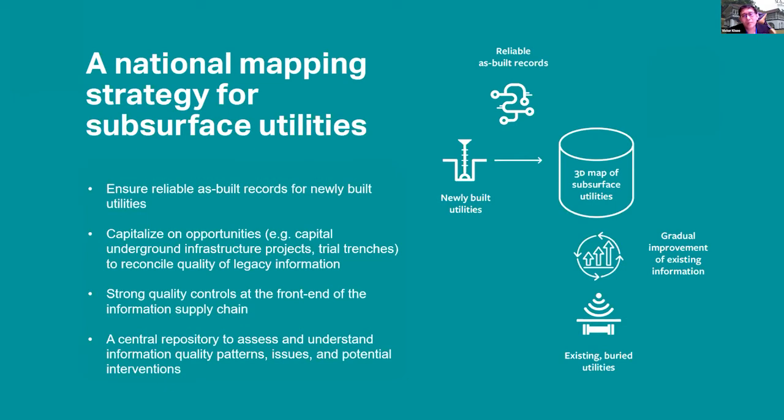And we need to look at technologies, the scanning technologies that would help us to improve the quality of existing data. And there is a strong part of the national mapping strategy, which is to look at quality control. And we try to have this quality control at the front end, not at the tail end of the information supply chain. So this is articulated clearly, and we try to use this as the guidance for us to move forward.